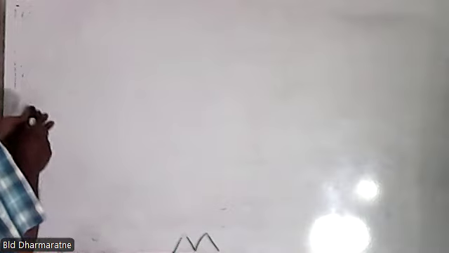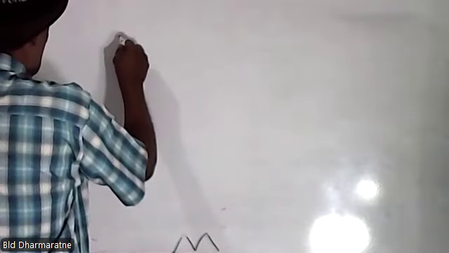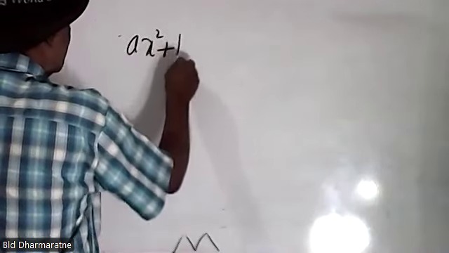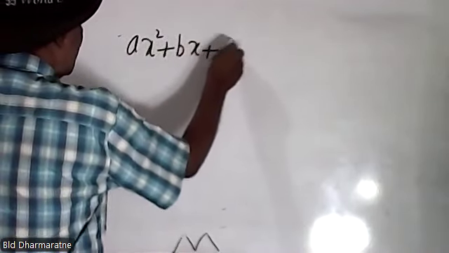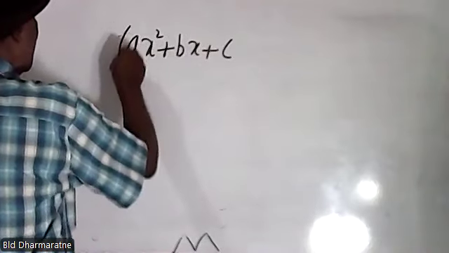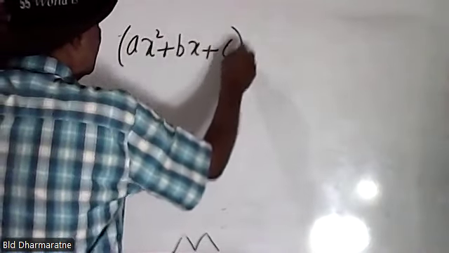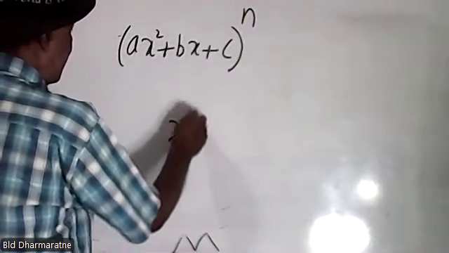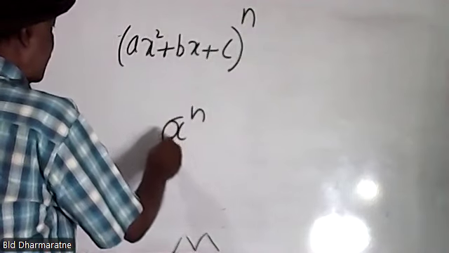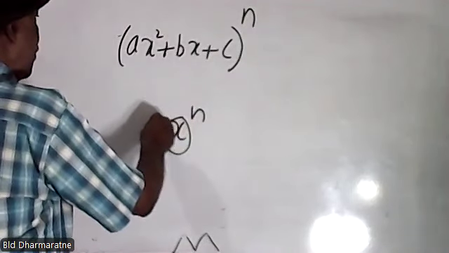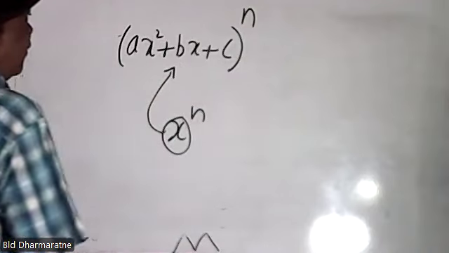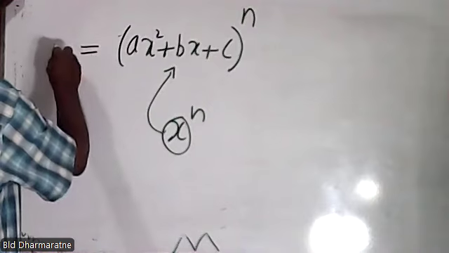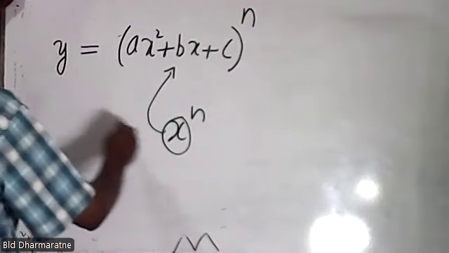Say, like this: a x squared plus b x plus c is the function, raised to the power n. This is not the x^n type; instead of x, we have this function. How do we differentiate this one? We call this system the chain rule.